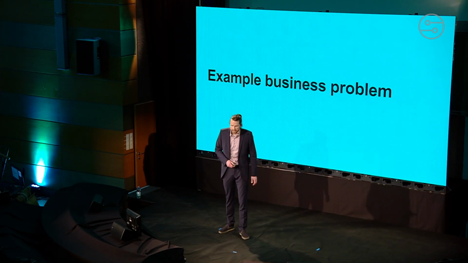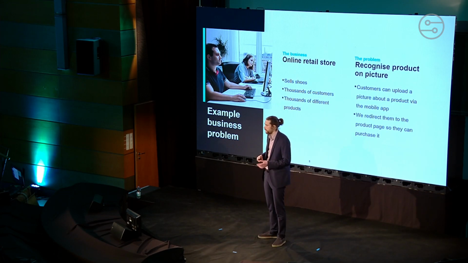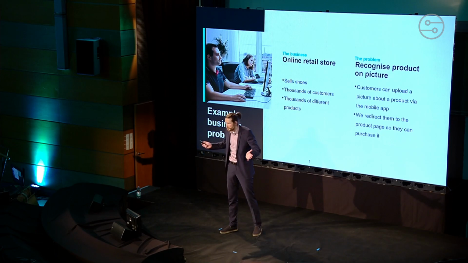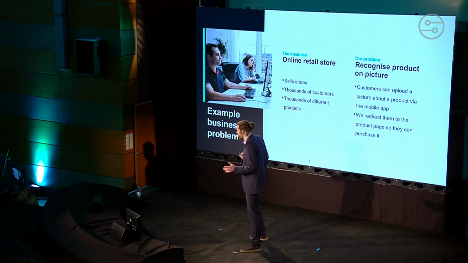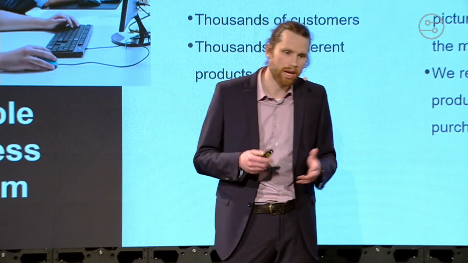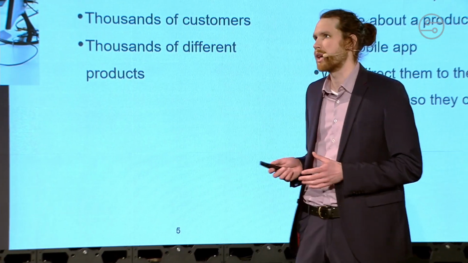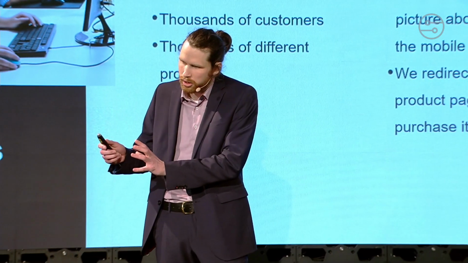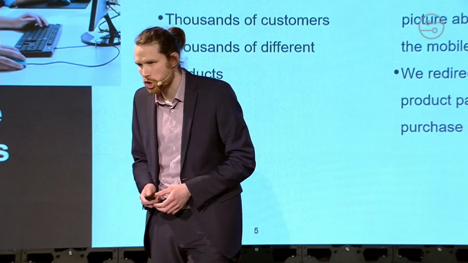So let's do the example business problem. Let's imagine that we run a web shop that sells shoes. Let's call it Snapshoes. This Snapshoes thankfully has a bunch of customers, and we sell thousands of different products. So we've got some feedback from our customers that they would like to take a picture of a product that they saw in an offline shop.